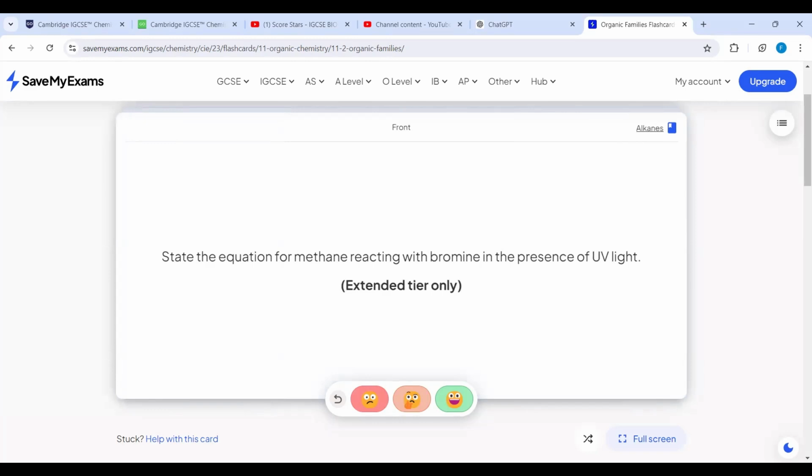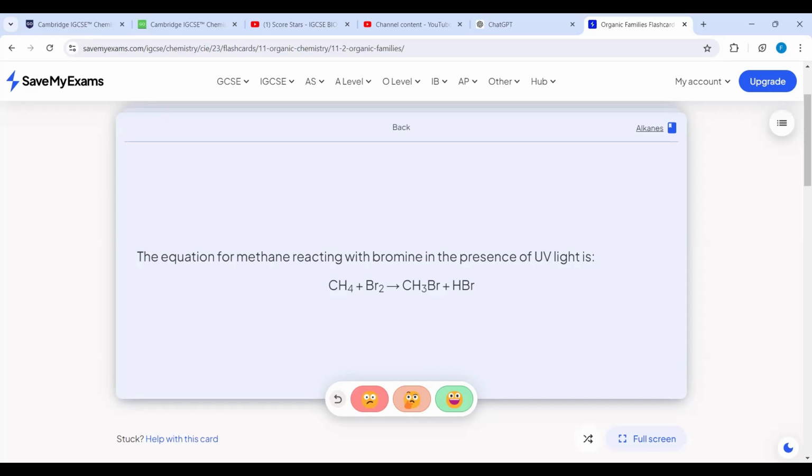State the equation for methane reacting with bromine in the presence of UV light. So now again, pause, think. Methane with bromine, and then the substitution happens, and what is the product? So here you go, methane plus bromine becomes bromomethane. Bromomethane plus HBr, hydrogen bromide, is released.